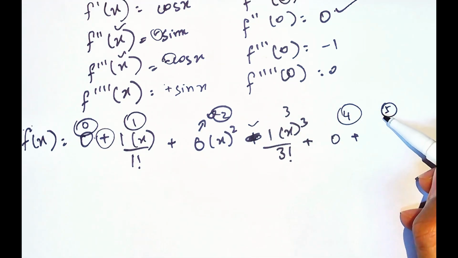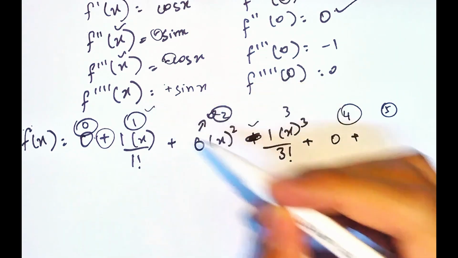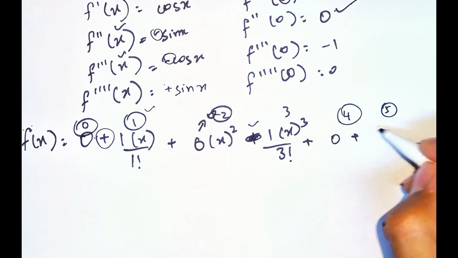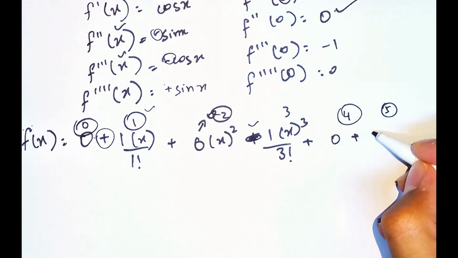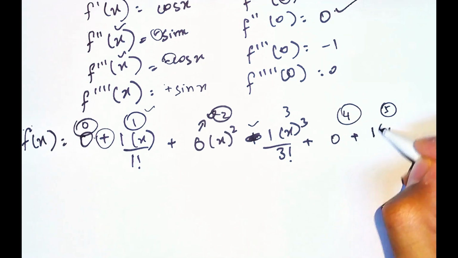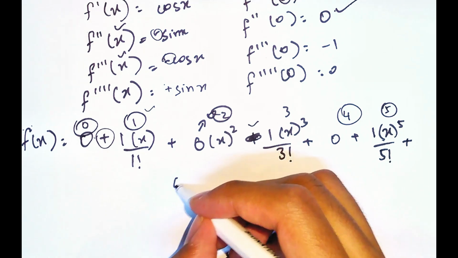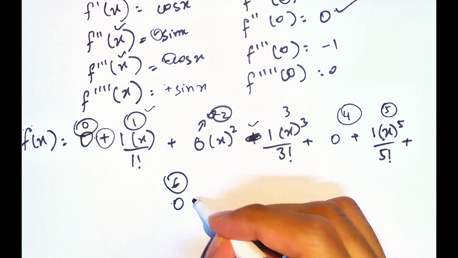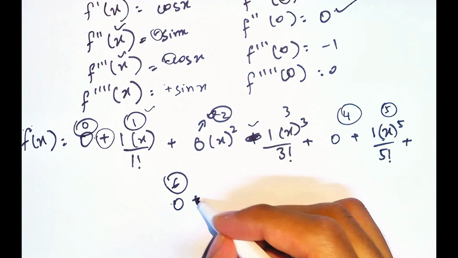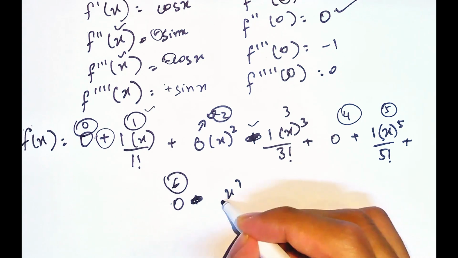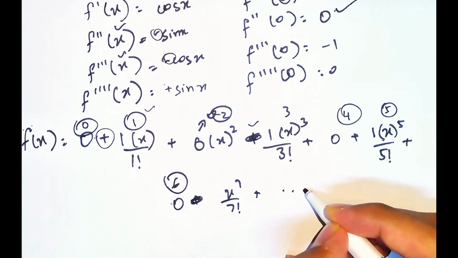So the fifth term corresponds to the first. The value of cos 0 is 1, then x to the power 5 divided by the fifth factorial. Then again the sixth term is an even number, so we will have 0, plus the seventh term will have a negative sign, and we will have x to the power 7 divided by 7 factorial, and this goes on till infinity.